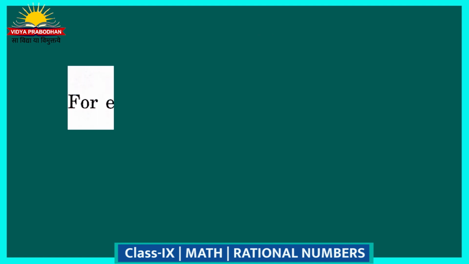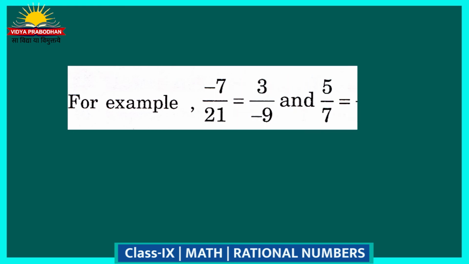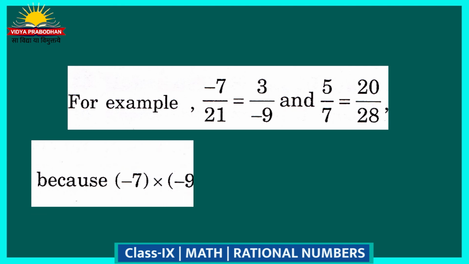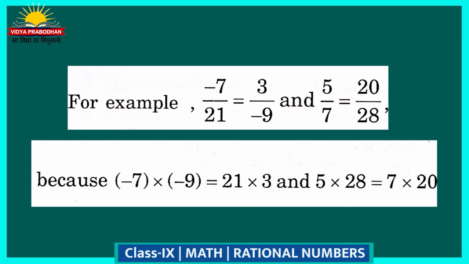For example, let us say minus 7 by 21 is equal to 3 by minus 9 and 5 by 7 is equal to 20 by 28, because minus 7 into minus 9 is equal to 21 into 3 and 5 into 28 is equal to 7 into 20.